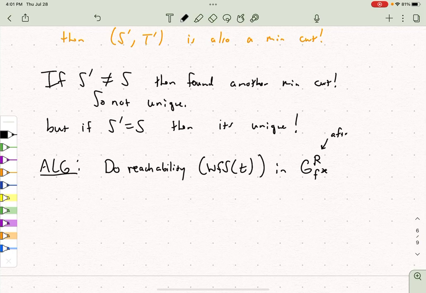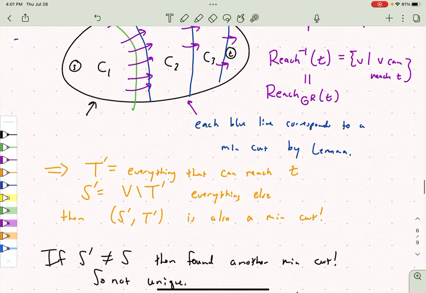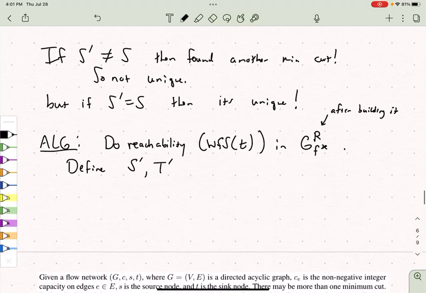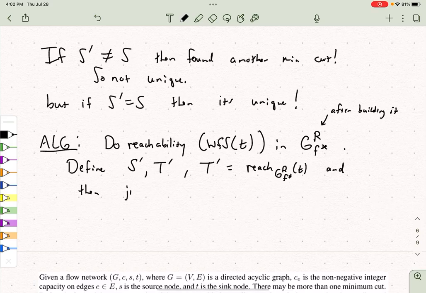So after building it, then what we do is we define S prime T prime based off of that with the formula above. So T prime is that reachability set and S prime is everything else. So T prime is the reach in G reverse F star of T. And then just check that T prime equals T.